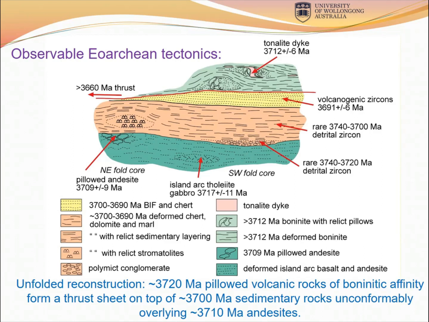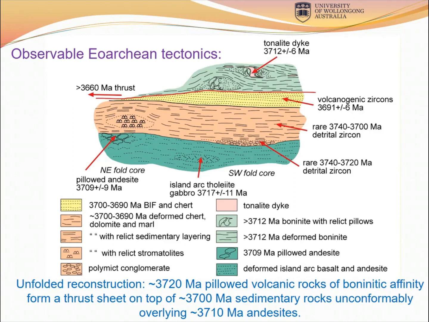So, for example, we've got this bunch of rocks at the top there, structurally highest, which have got chemistry similar to boninites, which should be something very familiar to Japanese viewers of this presentation. And they are actually overlying a series of younger rocks, banded iron formations, which are something like 20 to 30 million years younger.